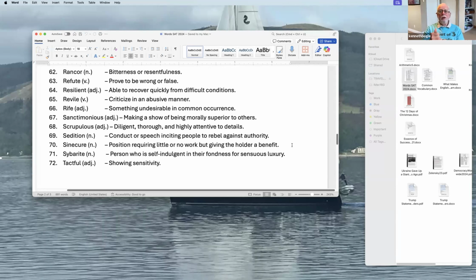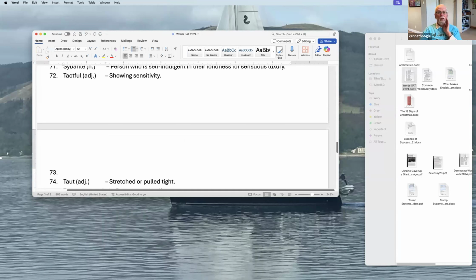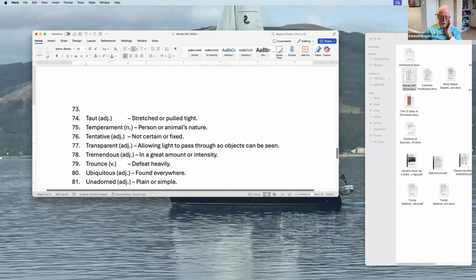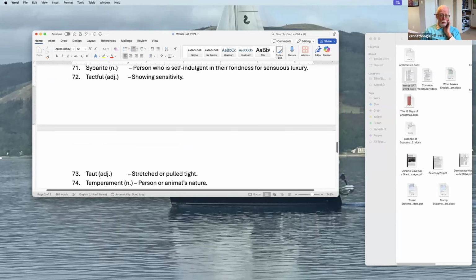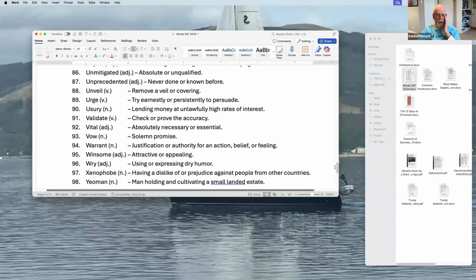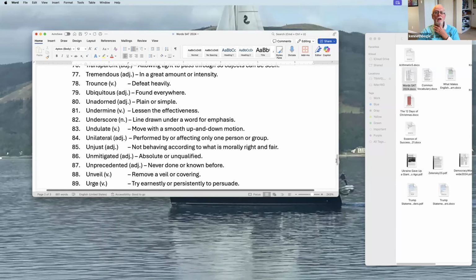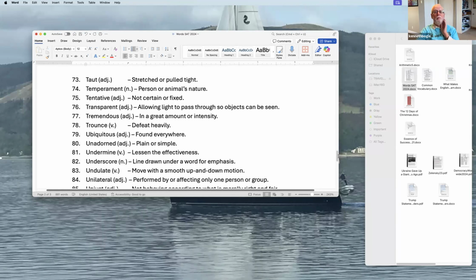I should be able to go down here. Oh, there are a few more words. Oh, wow. A lot more. Well, we won't try and do them all. In fact, I'll do them.